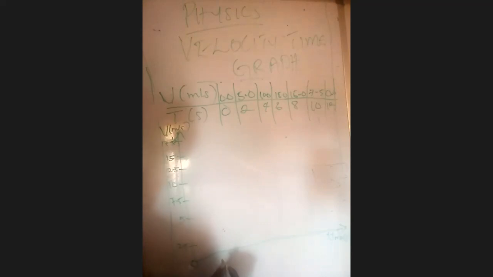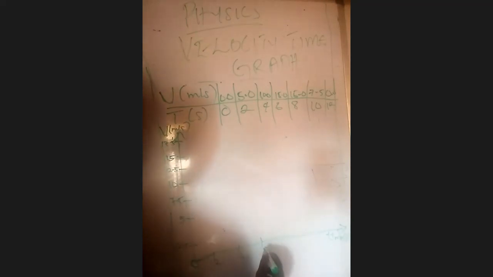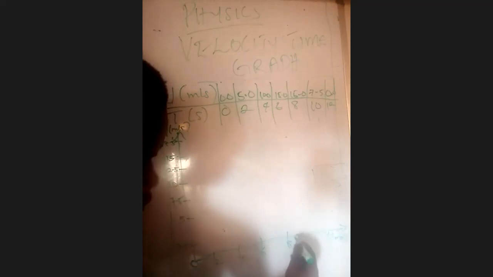In the time lane, we have 0, 2, 4, 6, 8, and the final point. We are plotting the graph of velocity against time. When we plot it, we are going to describe the motion of the body inside the graph.